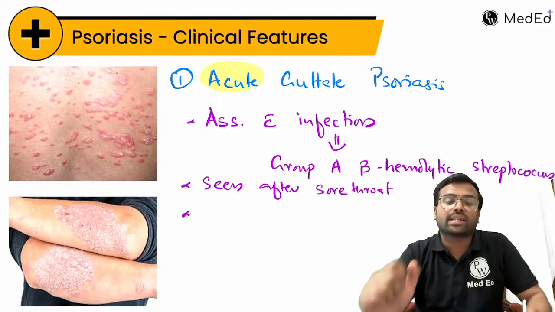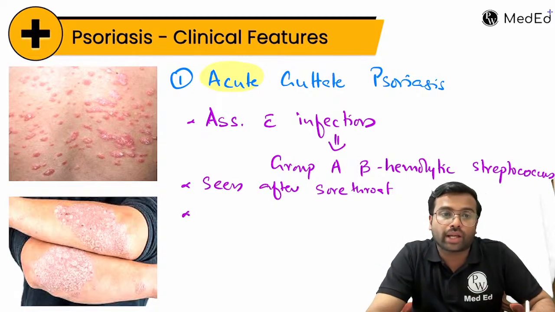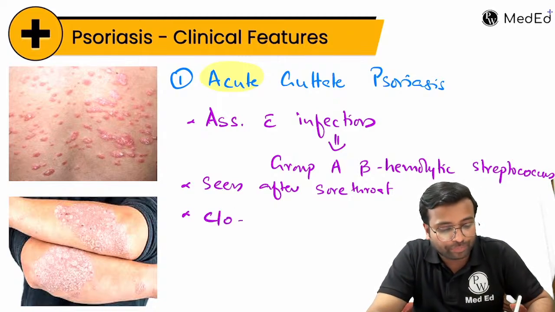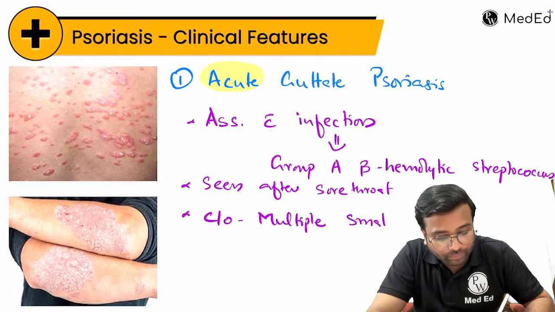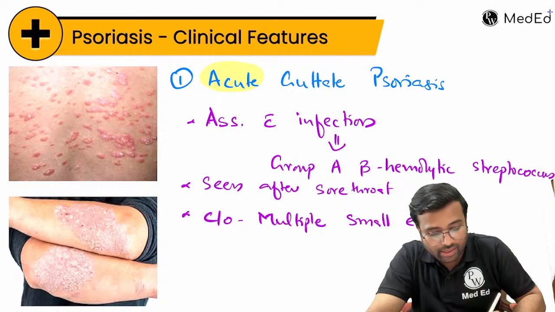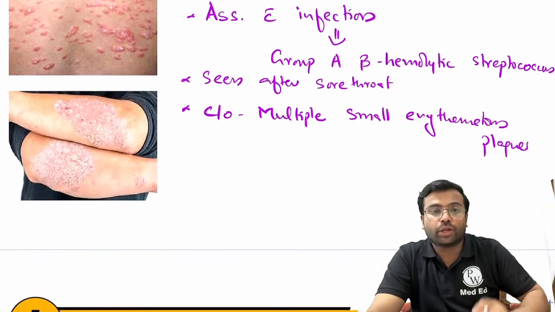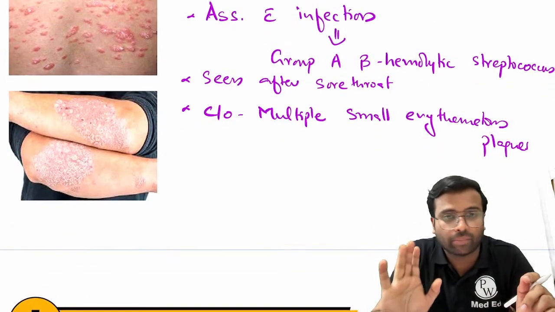Now how do patients present in acute guttate psoriasis? The patient would always present to you with complaints of multiple small erythematous plaques.